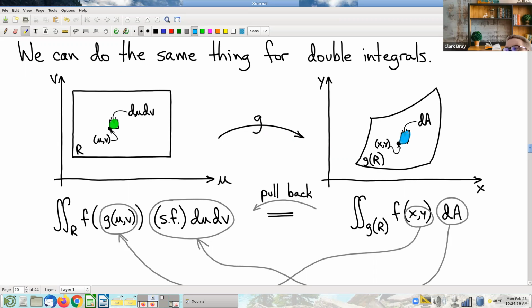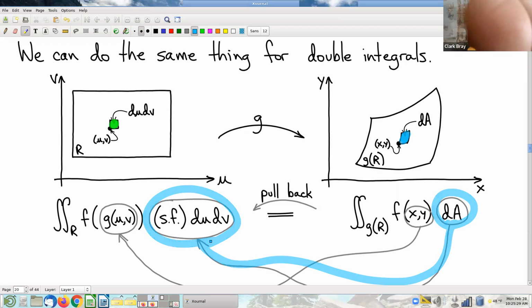After all, this function g takes points and moves them around in random ways, and things could get stretched out and deformed. And so that dA that I've got here on the right is not necessarily the same size. It relates to the green piece of size by way of some factor. Again, I'm going to call it a stretching factor. So what is that stretching factor? How do I relate output size to input size?